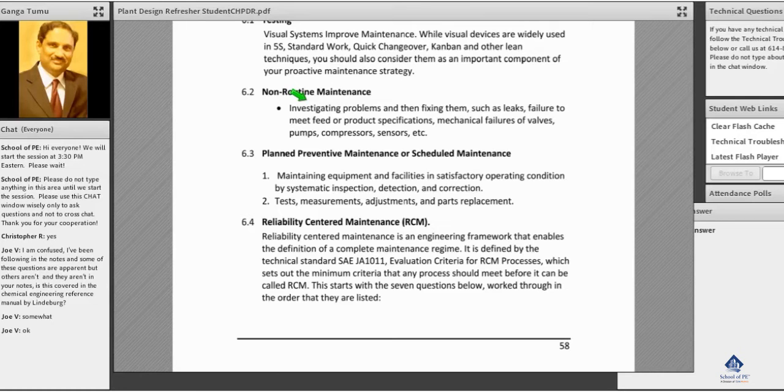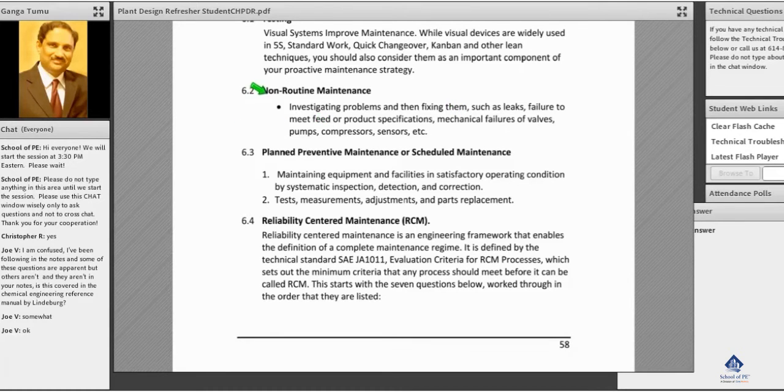They also use non-routine maintenance. Routine maintenance is different. Non-routine is when there is a problem and they fix it, such as leaks, failure to meet feed or product specifications, mechanical failures, and pumps and compressors, etc. All these are non-routine, which means they are symptomatic.